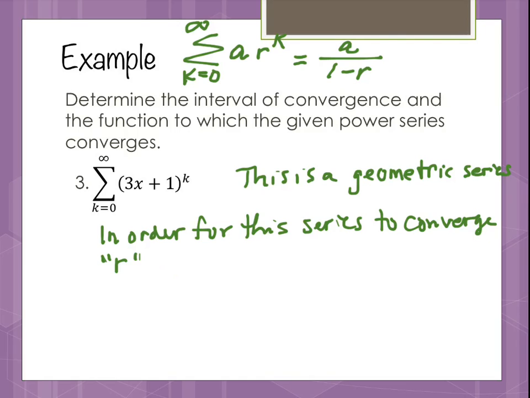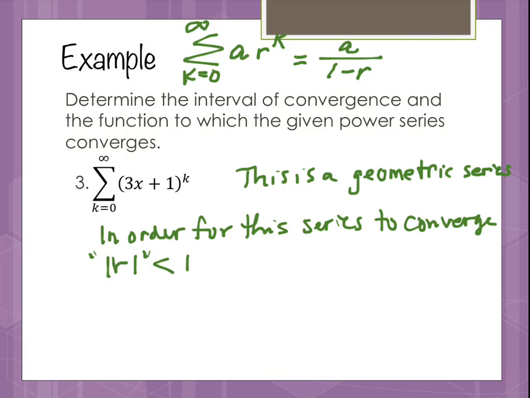I didn't get the absolute values in like you suggested. I was trying to. I don't actually have R written in the problem, which is why I'm putting little quotes around it. I don't have an R here. But you know what R has to be. R has to be the quantity that's raised to the power of k. The geometric series test says this will converge when the absolute value of R is less than 1.